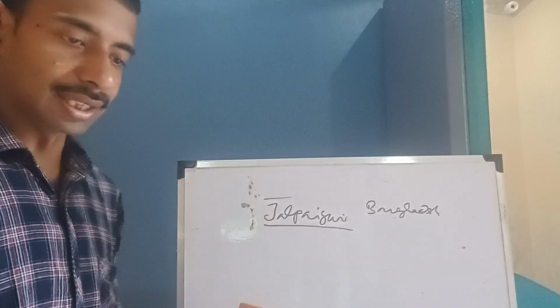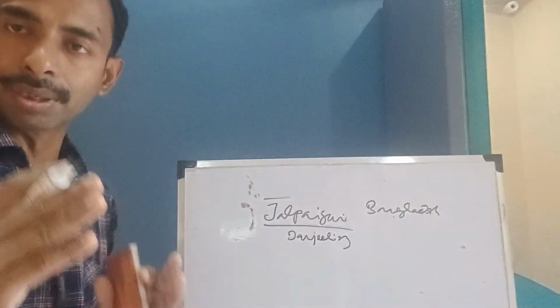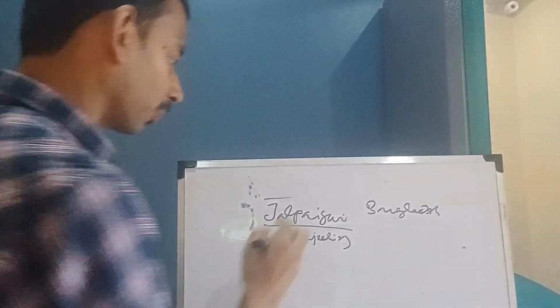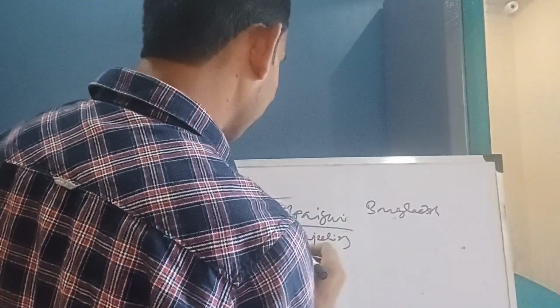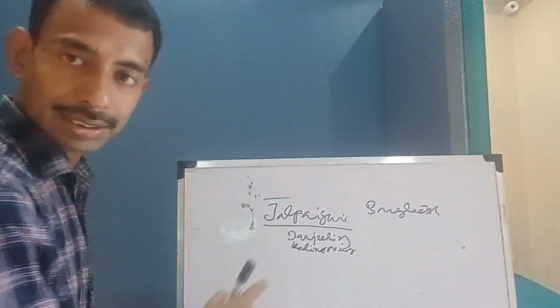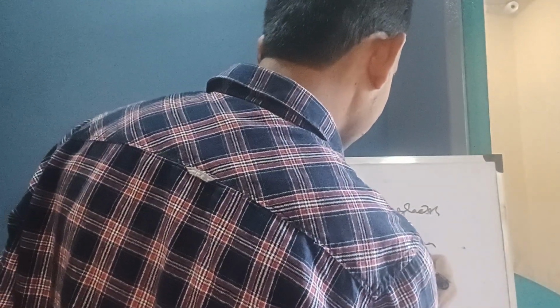And it shares borders with many districts, like Darjeeling. The adjacent town is Siliguri, and Siliguri is in Darjeeling district. Jalpaiguri shares another border with Kalimpong district, and Alipurduar, now a separate district, then Kuch Bihar district.